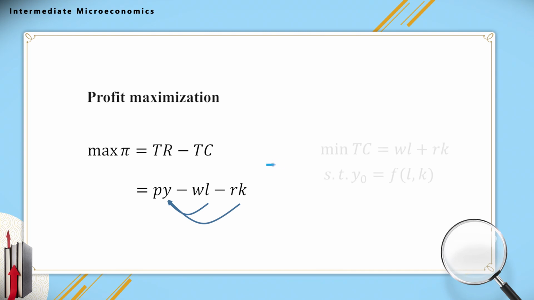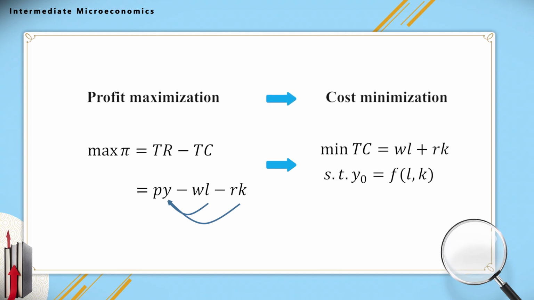First, we solve the cost minimization problem to find out the optimal use of factors of production, and then we solve the optimal output choice for profit maximizing producer. Today, we will discuss the first step, the cost minimization problem.